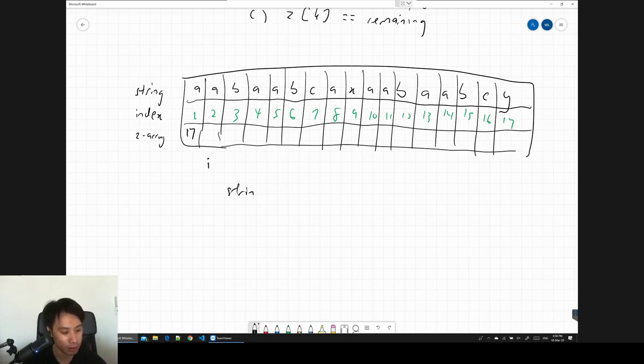So string of 1 versus string of I. A and A is the same, which is okay. Then string of 2 versus I plus 1. B and A is not the same. So I'm going to put a number 1 here. Clear so far?